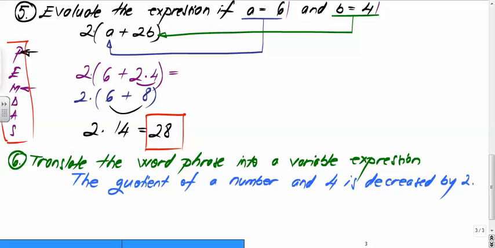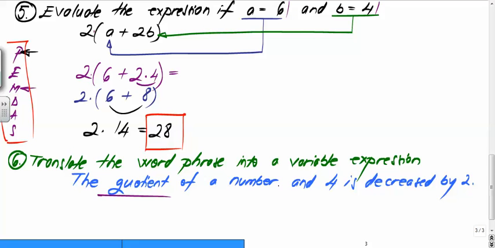Well, if you guys remember from the lessons you've covered this year and the previous years, you go one step at a time, or one part at a time. And first of all, you need to remember what is quotient. Okay, the quotient of a number and 4 is decreased by 2.